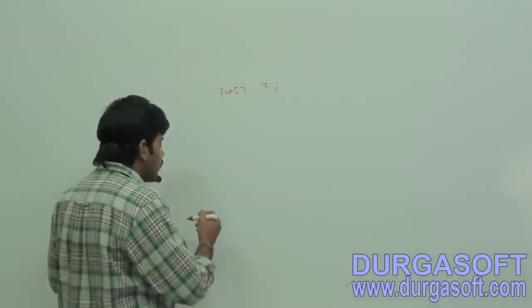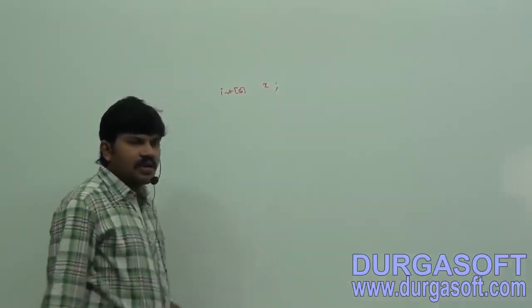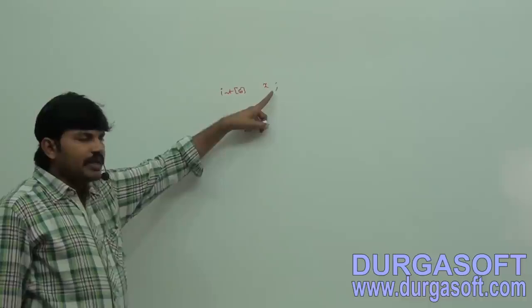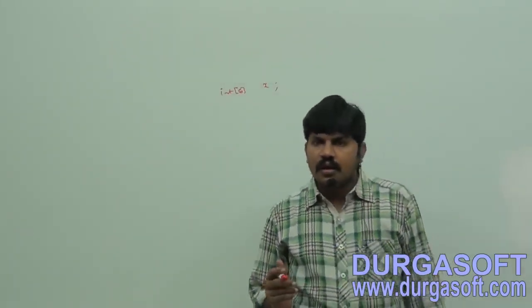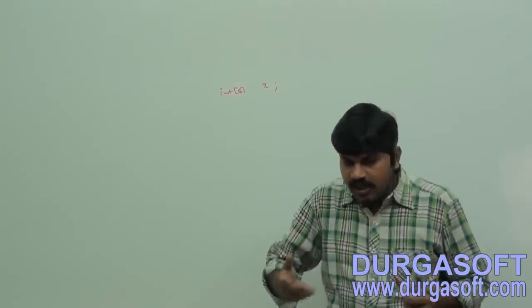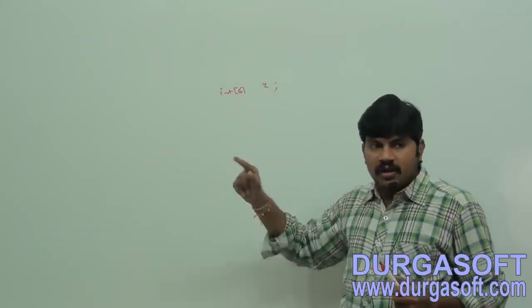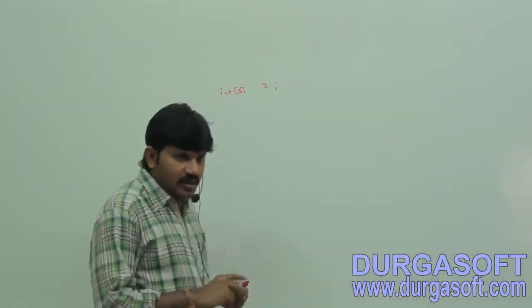Now I want to declare an array with the size 6. Are you getting? int[6] x. Can you tell, is it valid or not? I am declaring an array in this style for 6 int values. Acceptable or not?